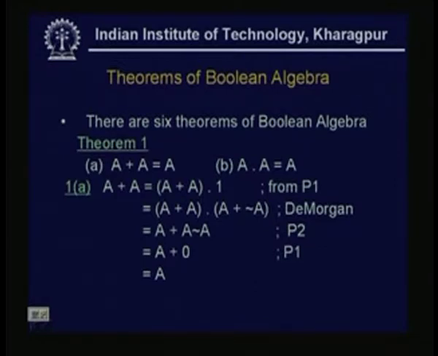Now, 1 we can easily replace by A plus negation A. Now, if we apply postulate 2, that means our distributive postulate, then this is A plus A dot negation A. Now, from the counterpart of postulate 1, we know that A dot negation A is nothing but 0. So, the second part becomes 0. So, this becomes A. So, A plus A equal to A.